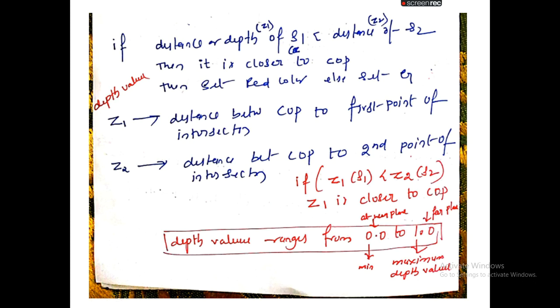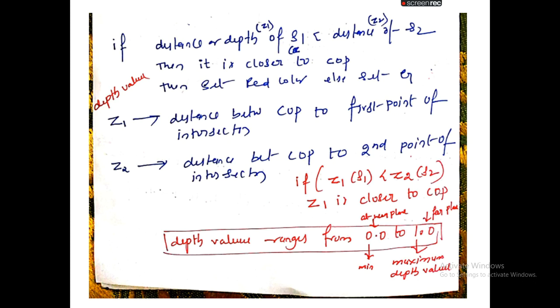We heard about the near plane and far plane. 0.0 is the minimum value, or the minimum distance from the view plane to that particular object. 1.0 is the depth value from the view plane to that particular surface.